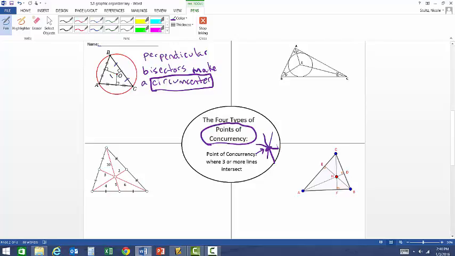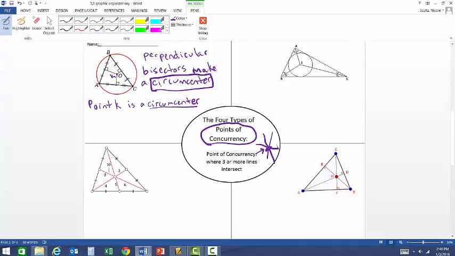Let's call this point K. So that means that in this picture, point K is a circumcenter. So that's our first vocab word for concurrency. Perpendicular bisectors go with circumcenter. We just want to make that relationship. We want to match those together.